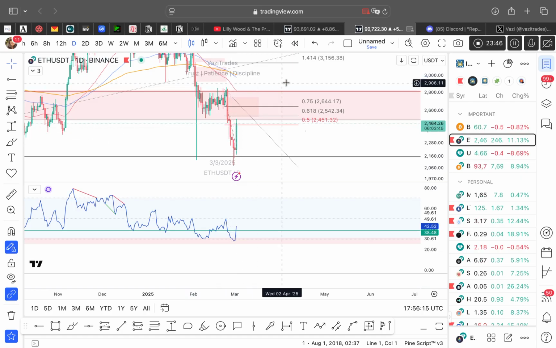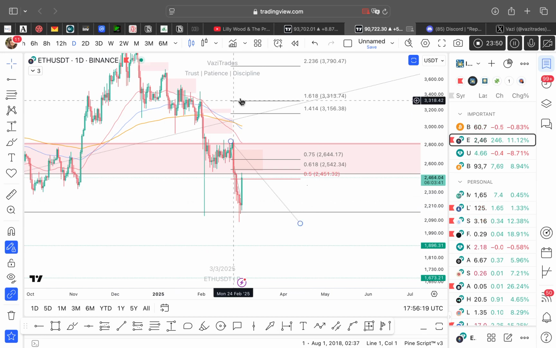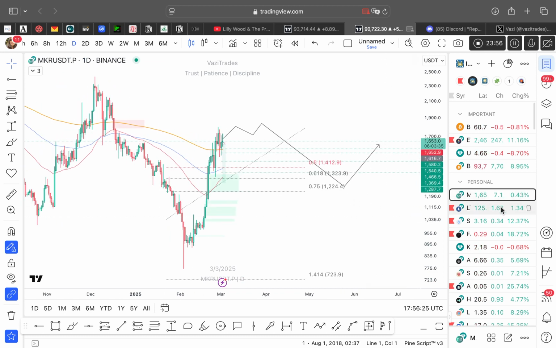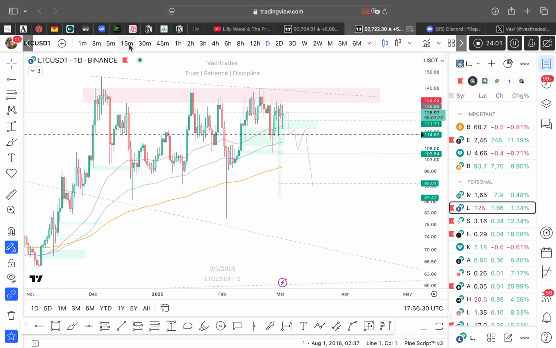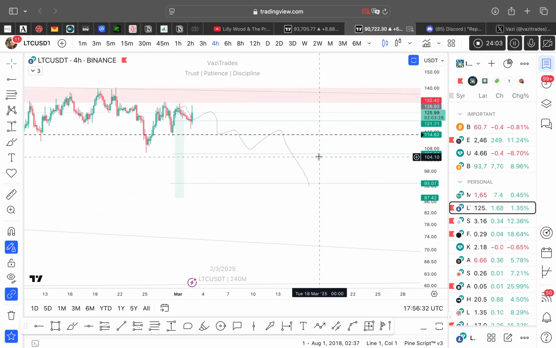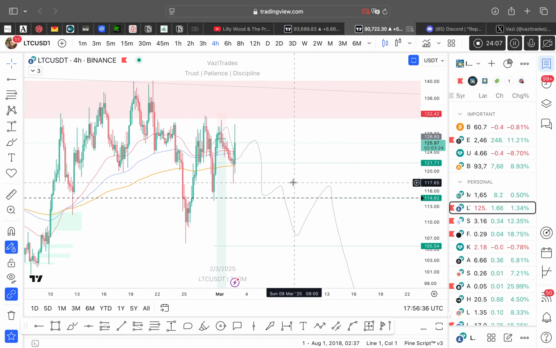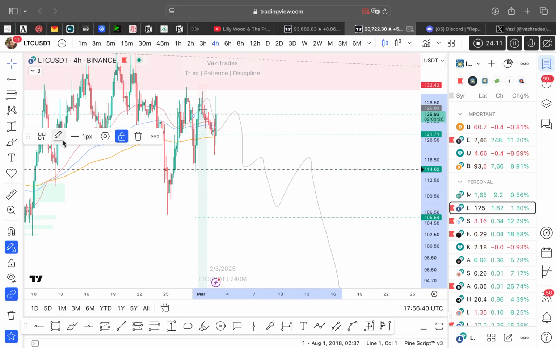So yeah, don't be too euphoric. We can scalp long, you know, but yeah, don't be too euphoric. Even look, LTC didn't do much with this pump. It didn't even hit stop loss. So it can still do what I shared with you before.